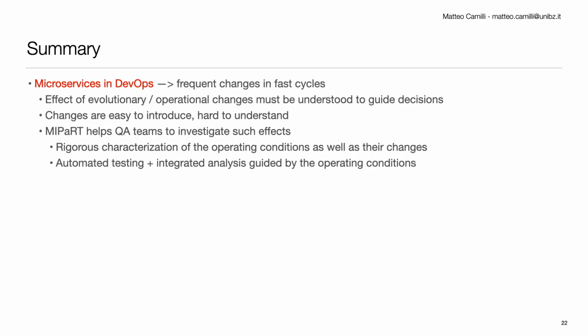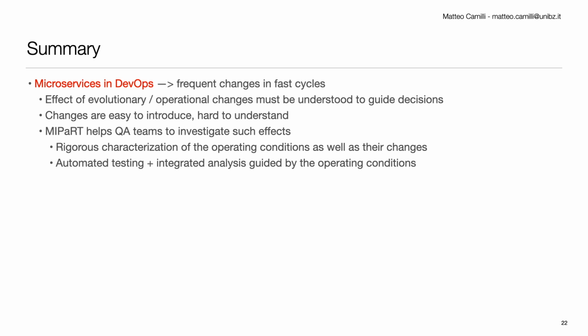All right, so to sum up, in this presentation, I introduced the problems in microservices development in the context of DevOps. Here we have very frequent changes in very fast development cycles. Changes in this context are very easy to introduce, but often hard to understand.